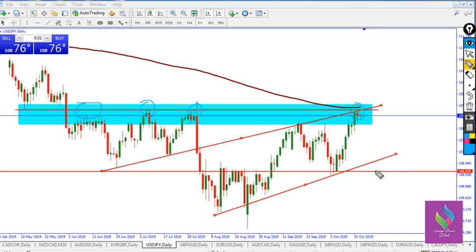But would this resistance line hold? That's one thing we need to understand, because also looking at the chart, we've been able to see my 200 moving average. You can see around that region showing a kind of hold right there, that probably we might have further discount.